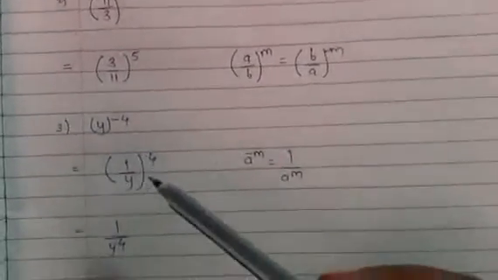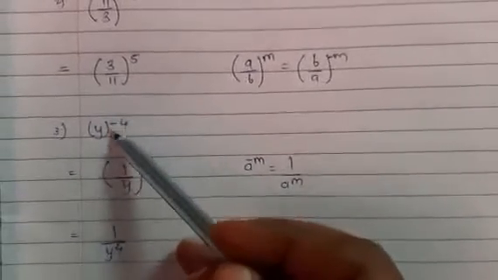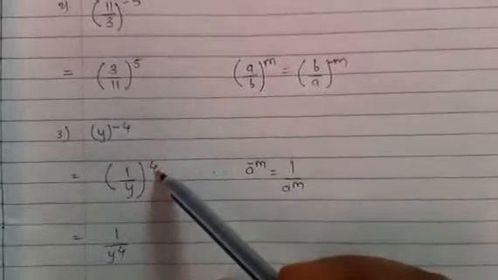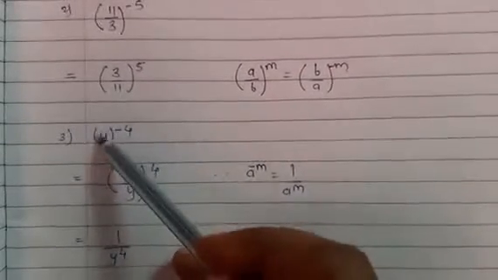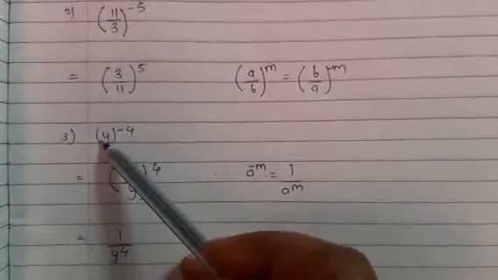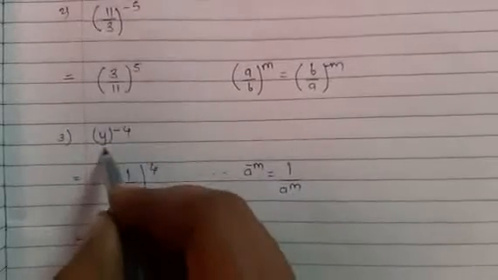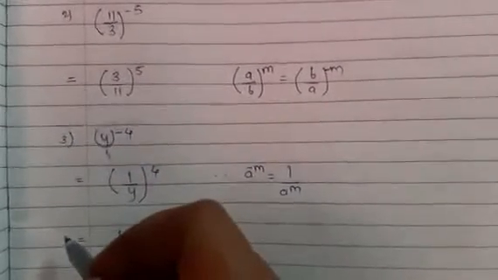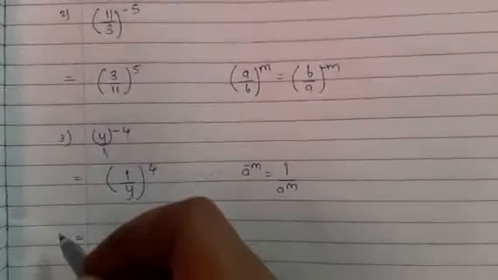Next example is y raised to -4. This -4 we want as +4. So we write it as +4, but at the same time we have to exchange the base, interchanging the numerator and denominator. Here just y is present in the numerator, but what will be in the denominator? 1, because if we take natural numbers, then in their denominator 1 will be present.